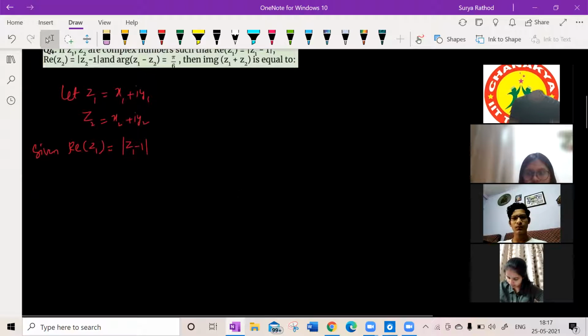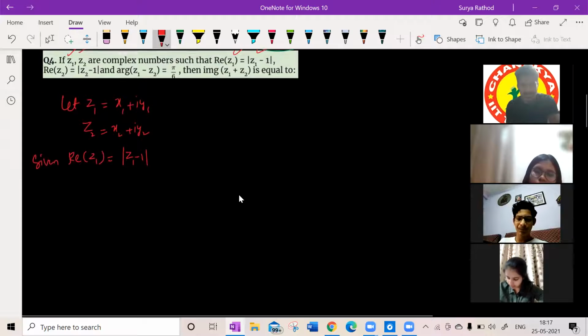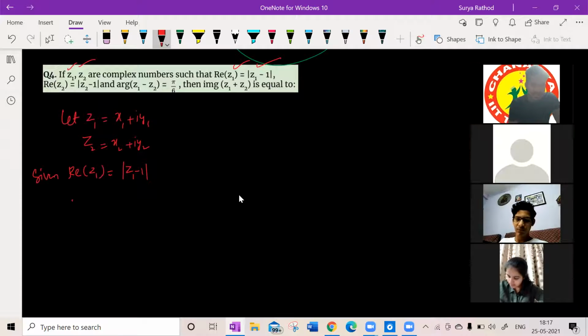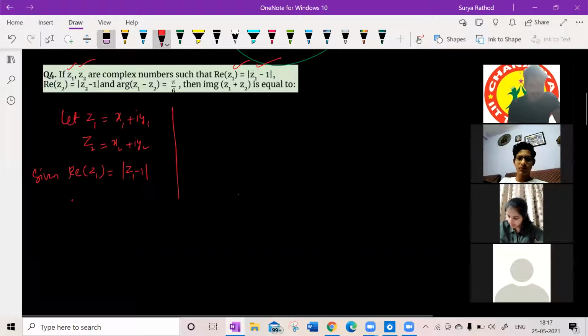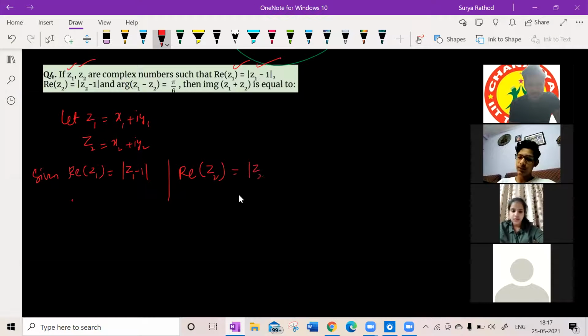And real part of z2 is given as modulus of z2 minus 1.